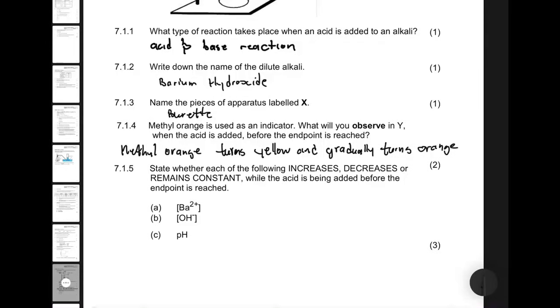7.1.5 says, state whether each of the following increases, decreases, or remains constant while the acid is being added before the endpoint is reached. So back to the basics. What's an acid? An acid is a proton donor. So when we increase the acid, we increase H plus.